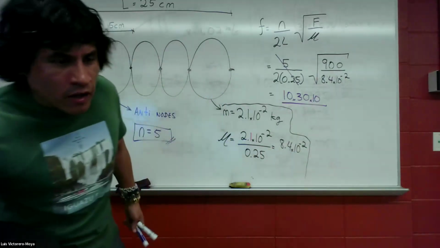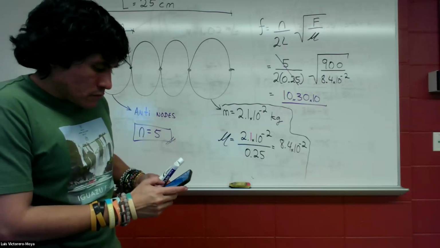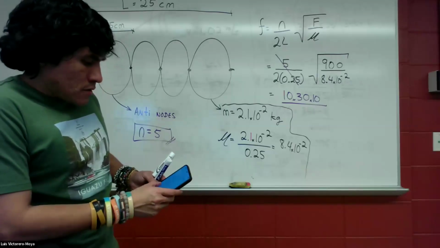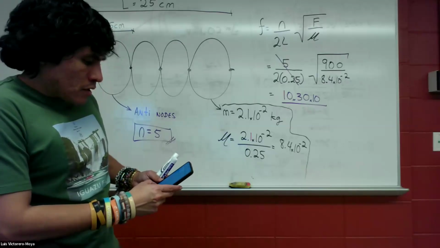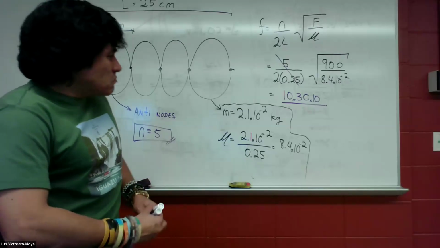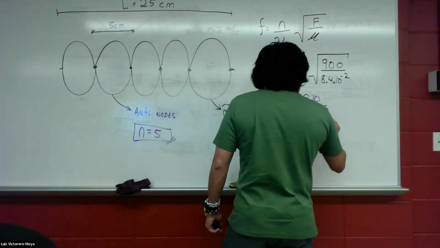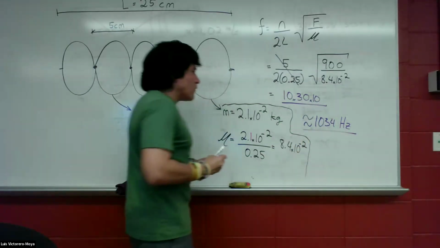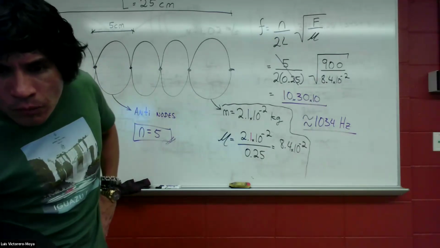Let's see what's the square root of 8.4. It's 2.9. So 3,000 divided by 2.9, about 1,034. Yeah, there you are. 1,034 hertz. That's the frequency of the vibration in the fifth harmonic for this rope.